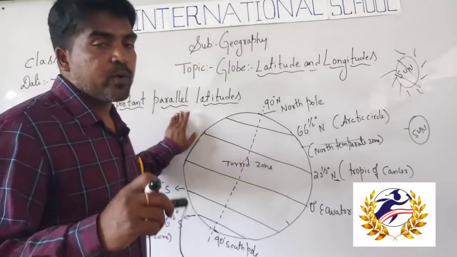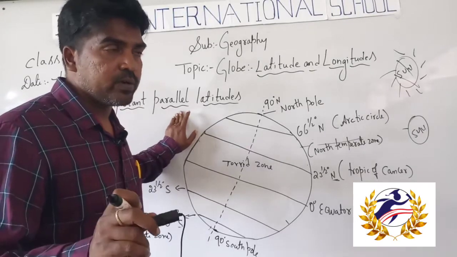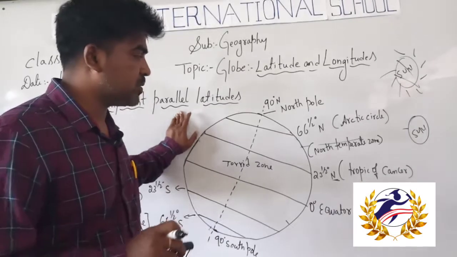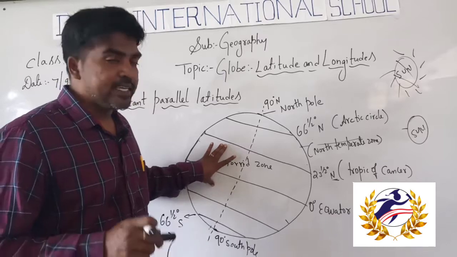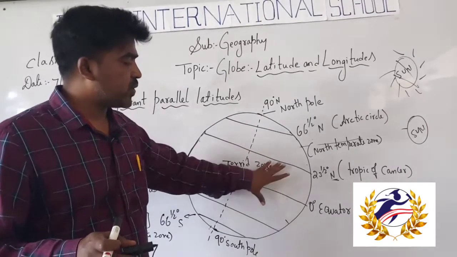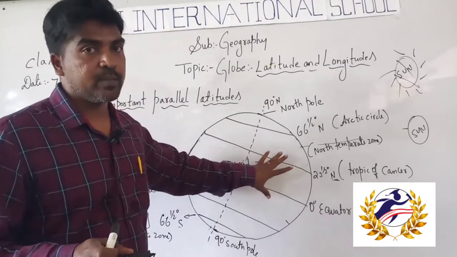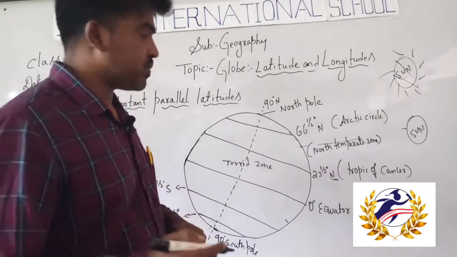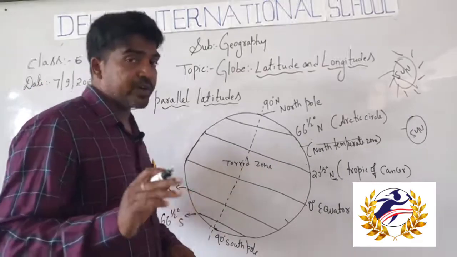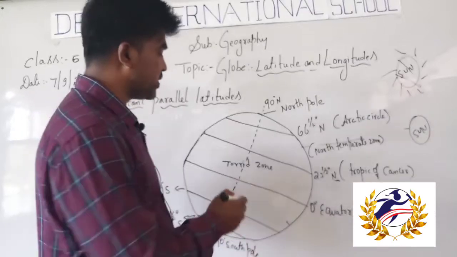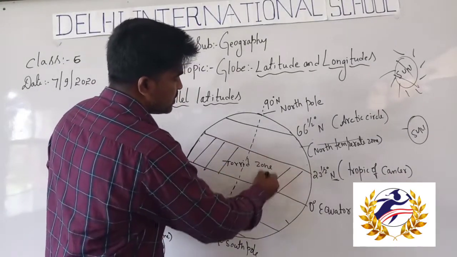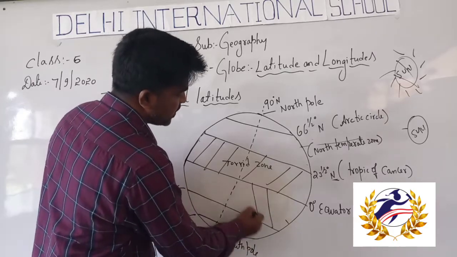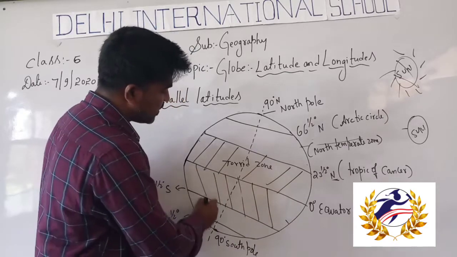What are the important latitudes? We know. And what are the heat zones? How do we find the heat zones on the globe? To know the heat zones, these latitudes help us locate the places. I will start from the torrid zone, students. See, this part of the earth is known as the torrid zone.